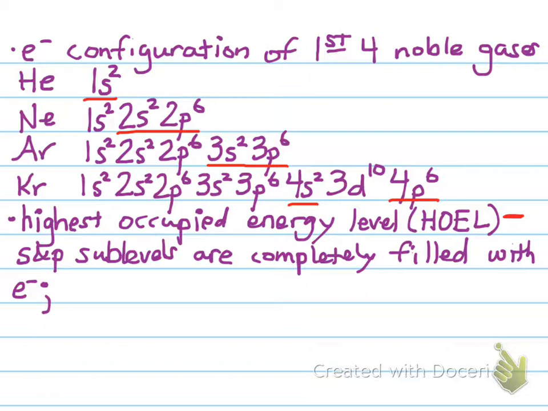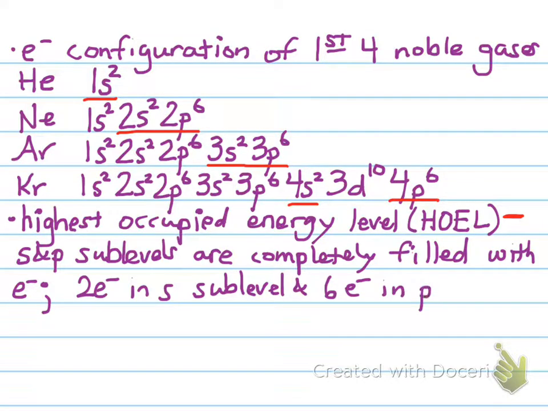For all of them except helium, there are 2 electrons in the s sublevel and 6 electrons in the p sublevel. Remember, an s sublevel can only hold 2 electrons because there's only one s orbital. A p sublevel can hold 6 electrons because there are 3 p orbitals, each holding 2 electrons.